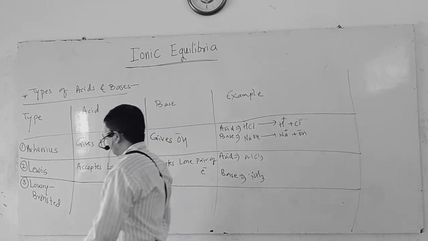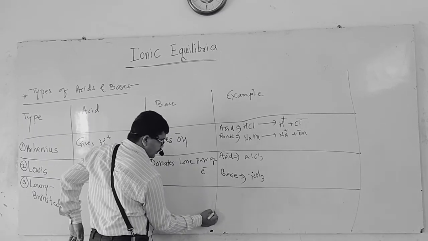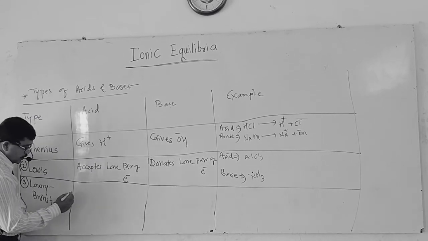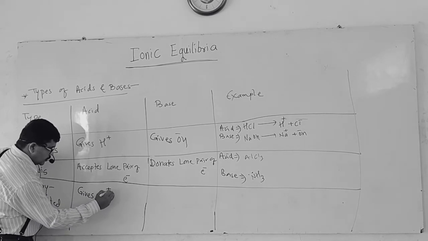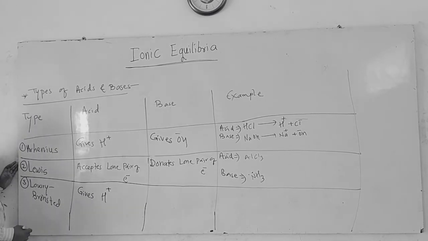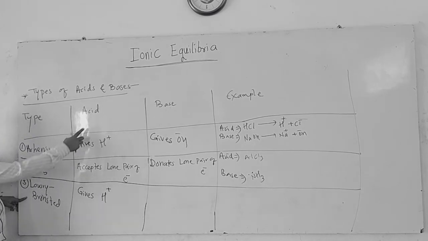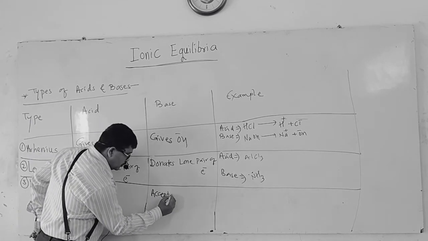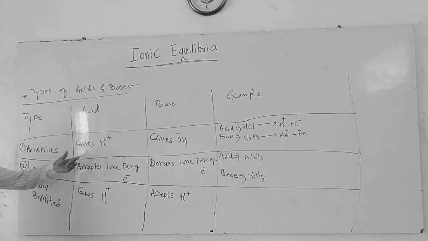Okay. Now the main point of our interest is Lowry Bronsted acid and Lowry Bronsted base. According to Lowry Bronsted, the substance which gives H plus will be Lowry Bronsted acid, and the substance which accepts H plus will be Lowry Bronsted base.